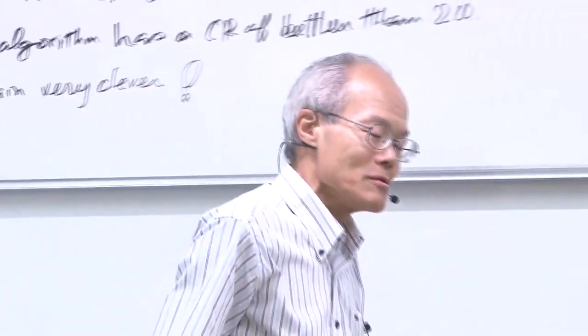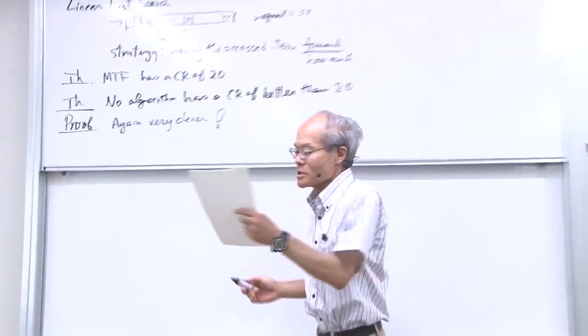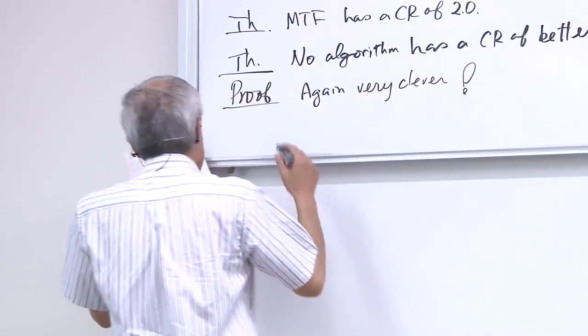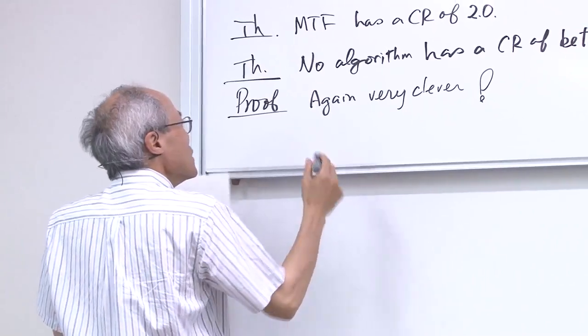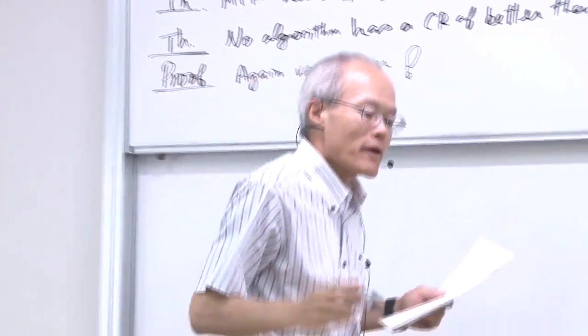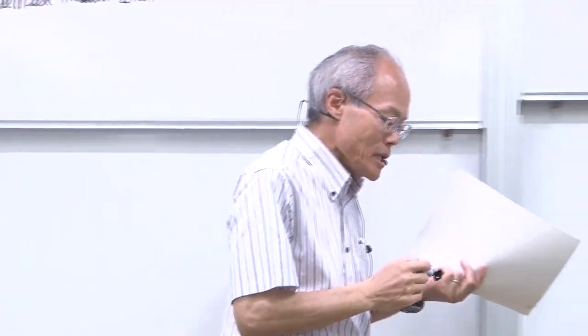So what we'd like to prove is that for any algorithm, there is a bad input. There's a bad request, such that that algorithm works not very well for that input. That is our strategy. That is our basic idea.